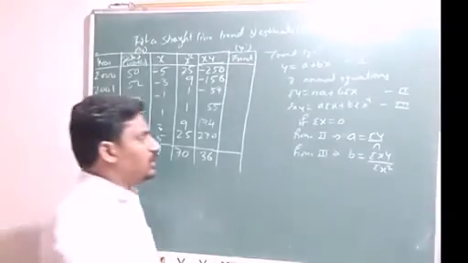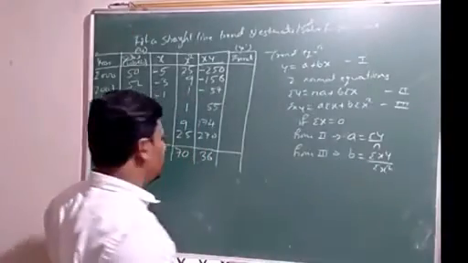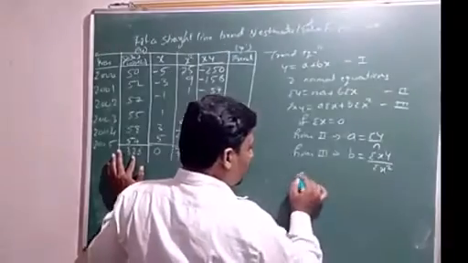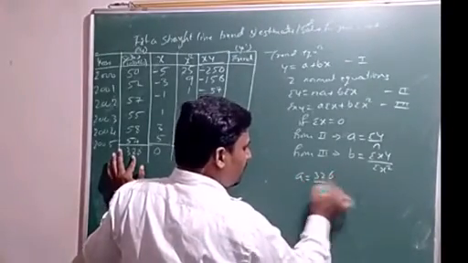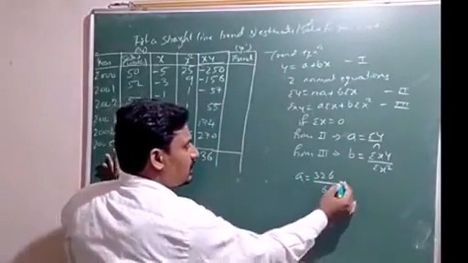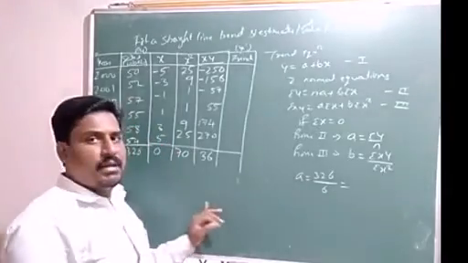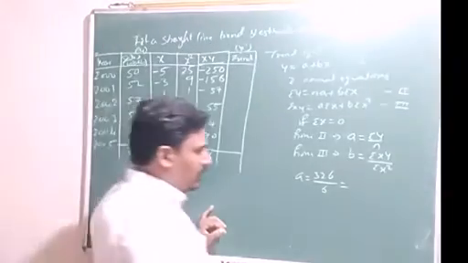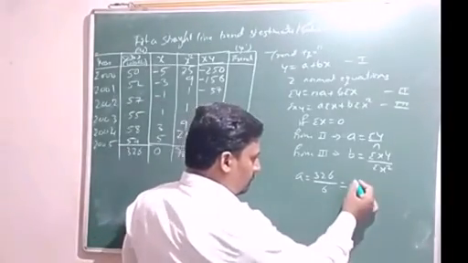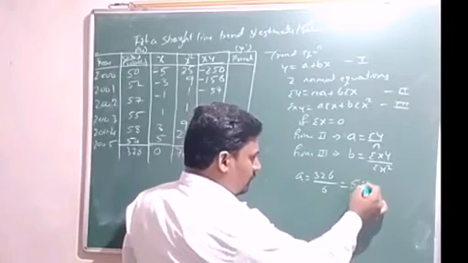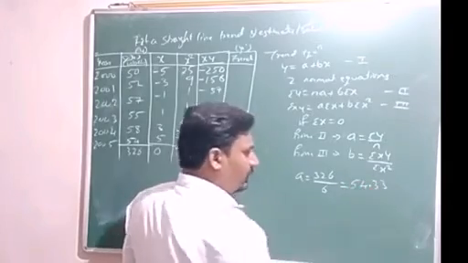So first, summation y is 326. Here A is equal to 326 divided by N, which is 6. So 326 divided by 6 is 54.33, taking two digits.